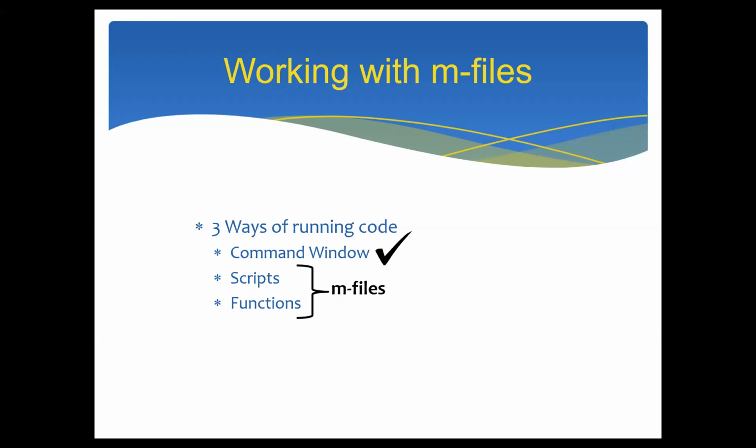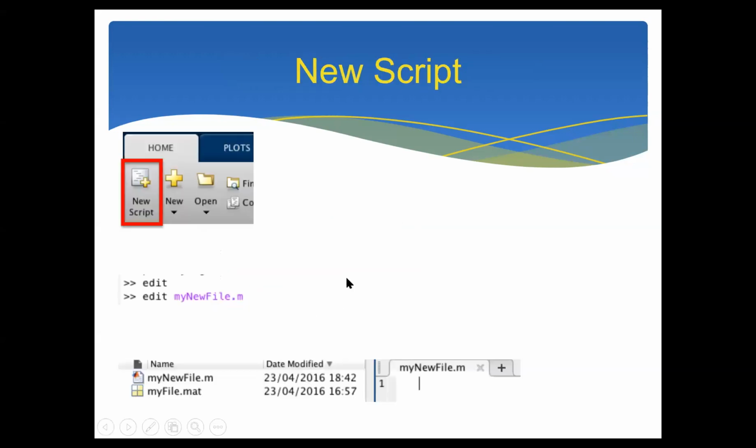Next, since we know the command window, we can work with a bit more complex structure, which is a script. If you want to have a script in the Matlab interface, you can click New Script on the upper left of your software, or you can type edit.